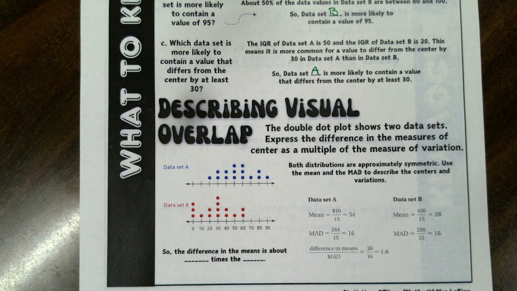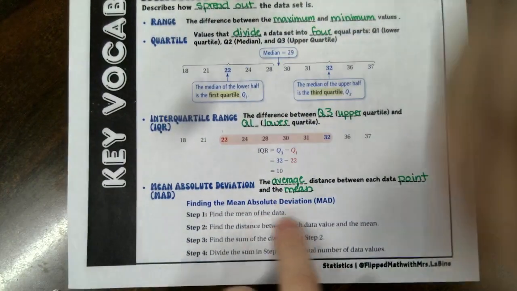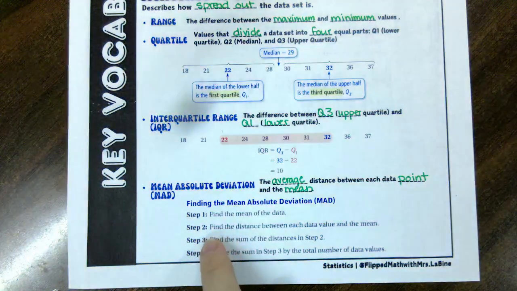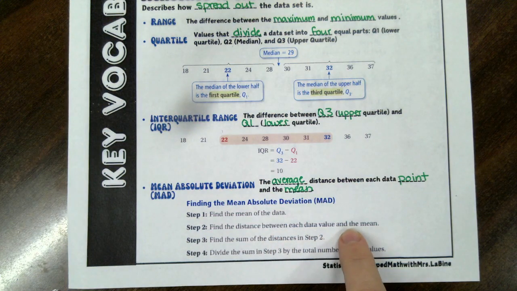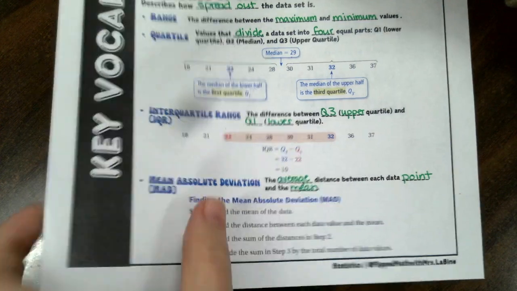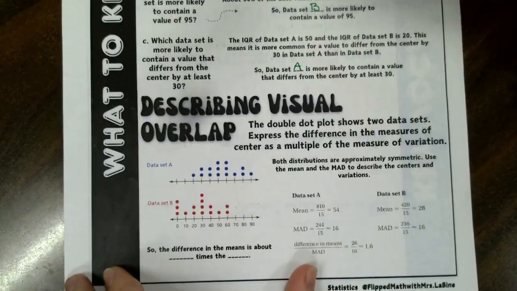Then we're going to find the mean absolute deviation. If you remember, let's go back to the front and look at what we have to do here. You find the mean of the data, which we already did; for data set A it's 54. Then you find the distance between each value and the mean, and you add those distances up.